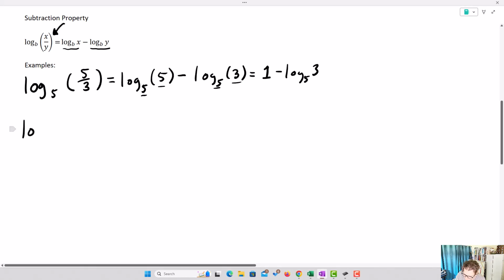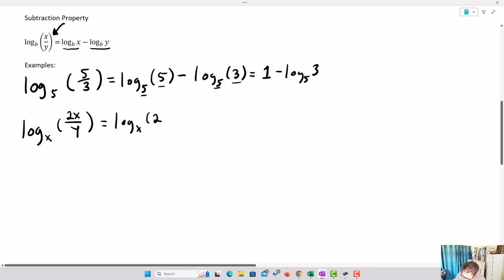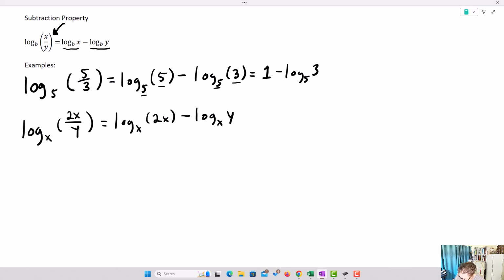Let's try another one. Let's say I have log base x of 2x over y. Now we've got a quotient, so we'll take log base x of 2x minus log base x of y. And you may say to yourself, hey, look, I actually have a multiplication right there.